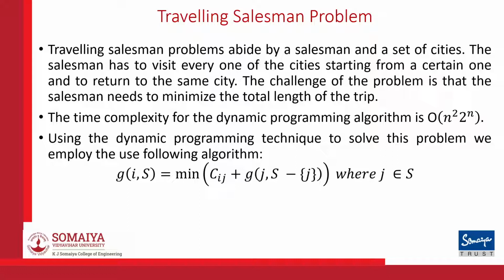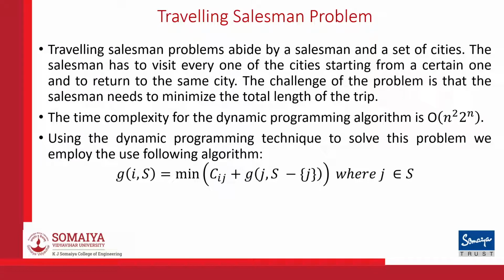And so the time complexity for the dynamic programming algorithm is O of n squared into 2 raised to n. Using the dynamic programming technique to solve this problem, we employ the following algorithm.